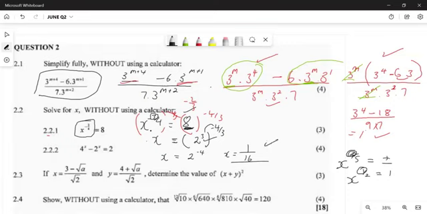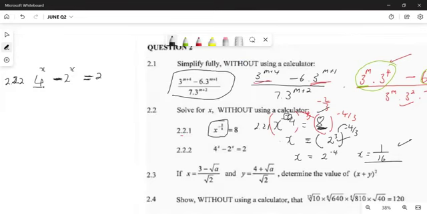But if you're dealing with the fraction, then you needed to do something about it. You will change 4. It's like 2 to the power of 2, all to the power of x. Okay, and then what will you do after that?